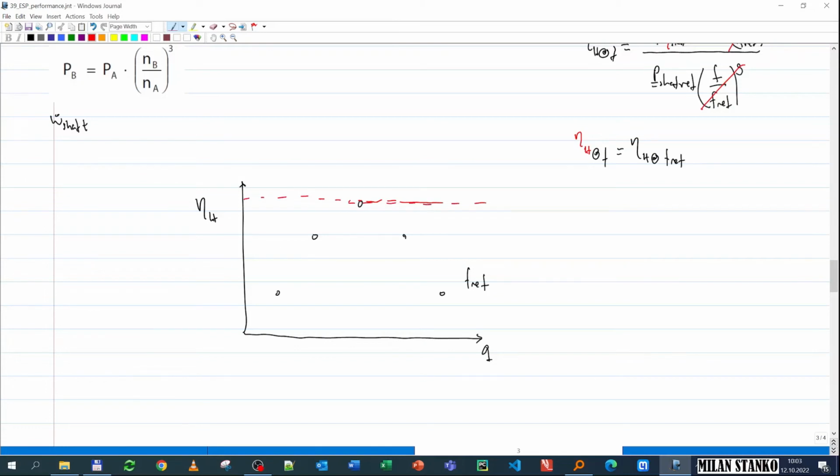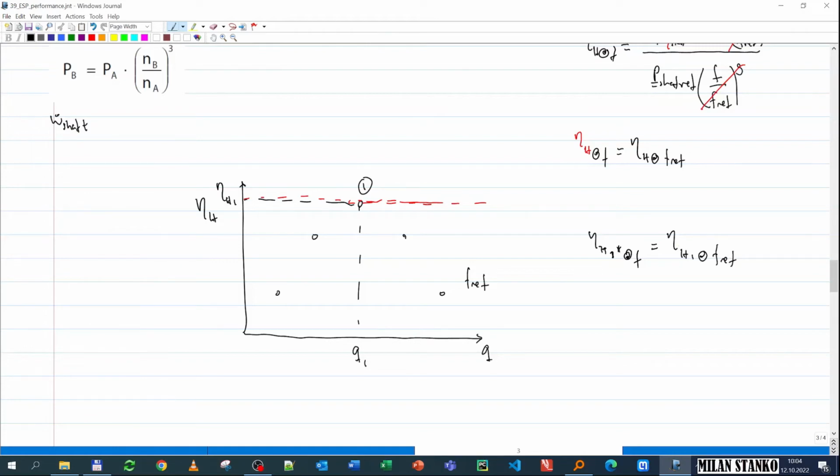Okay, let's say we're converting this point here, number 1, which is the best efficiency point. Here we have efficiency of 1. So efficiency of 1 star, that is at F, is going to be equal to the efficiency of the point 1 at the reference frequency.